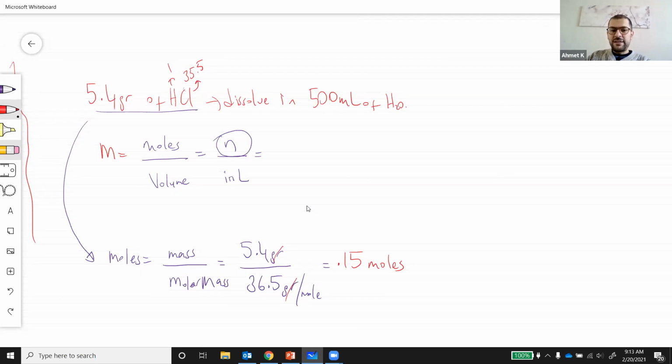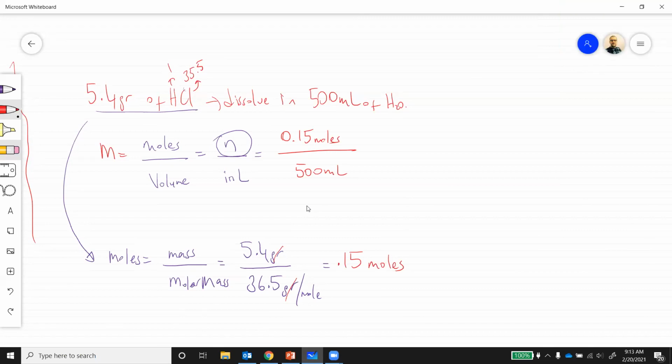All right, so we got this, right? And so we're gonna put this in moles. And finally, I know the volume, right? The volume is given, but I cannot just put 500 milliliter. Again, that's gonna be wrong, because by definition, the molarity is how many moles of substance you have per liter.